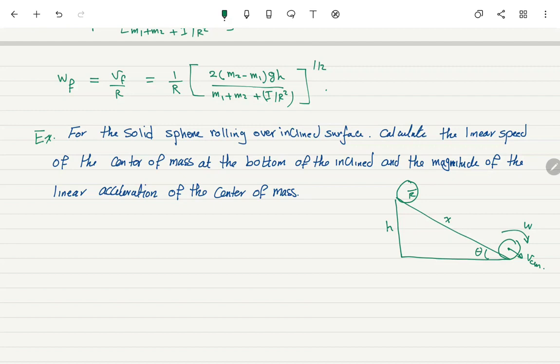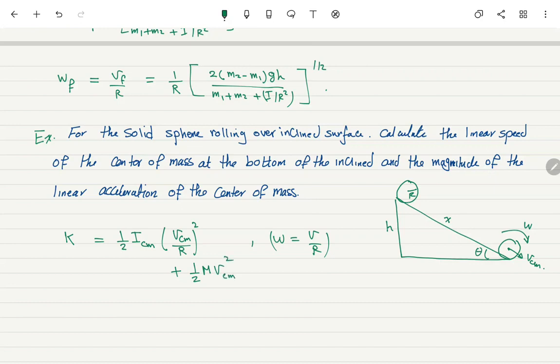Now the kinetic energy, it's actually rotational kinetic energy, it's equal to half I center of mass times v center of mass over r square. Remember, omega equal to v over r, plus half m v center of mass square.